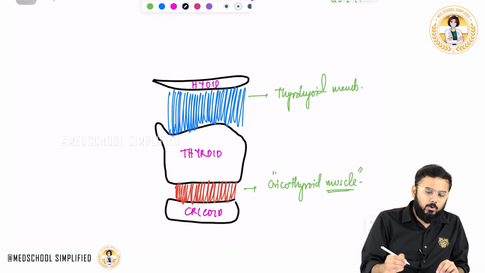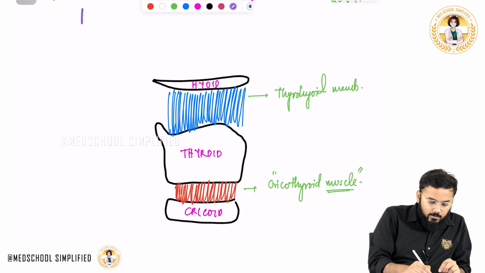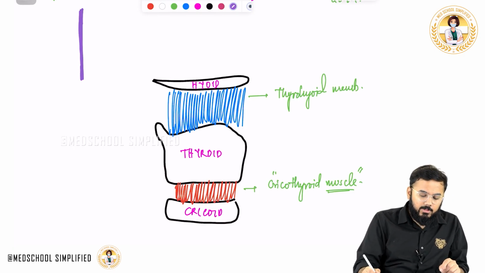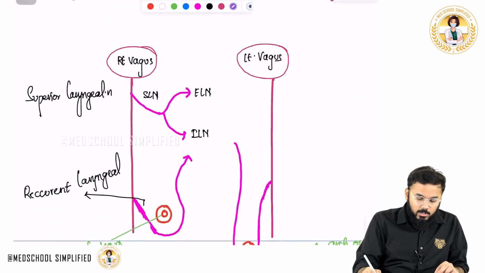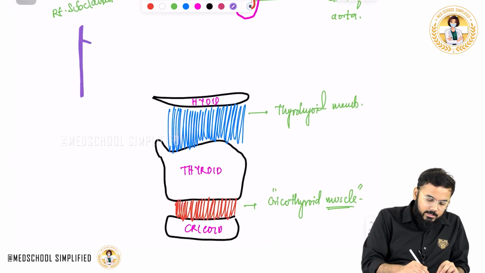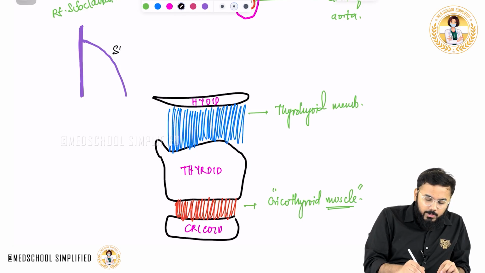Now, the next important thing here is that let me draw one very important nerve. So you see this is your vagus nerve. Now from this vagus nerve, what were the branches I told you? The first branch was your superior laryngeal nerve, right? So this particular branch which is coming out is your superior laryngeal nerve.